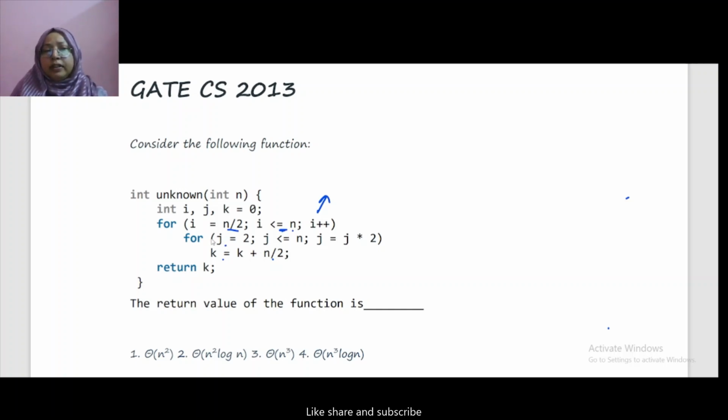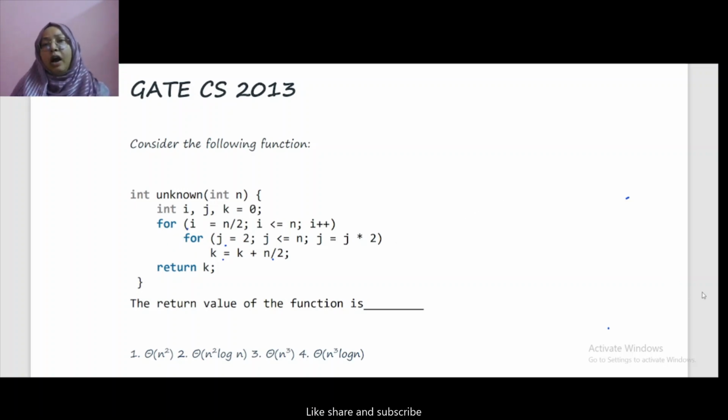And the other for loop, which is inside this for loop, is the inner loop. The inner for loop says j equal to 2, j less than equal to n, and j's value is multiplied by 2 every time. So j gets doubled every time till j is less than equal to n, and j is starting from 2.